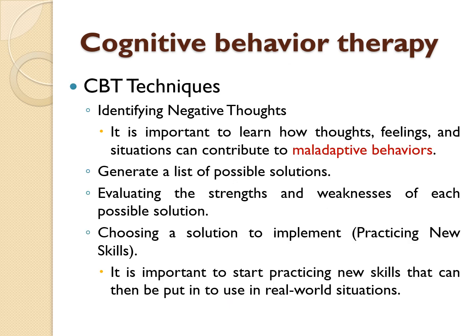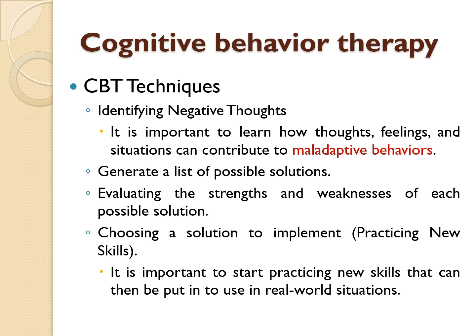So CBT techniques are techniques to identify negative thoughts. Negative thoughts means distorted thoughts, or thoughts which are not in the context of the situation. It is important to learn how thoughts, feelings, and situations can contribute to maladaptive behaviors.